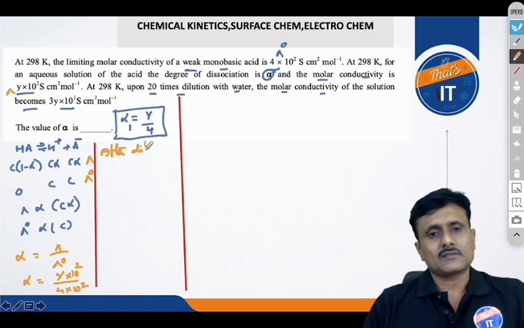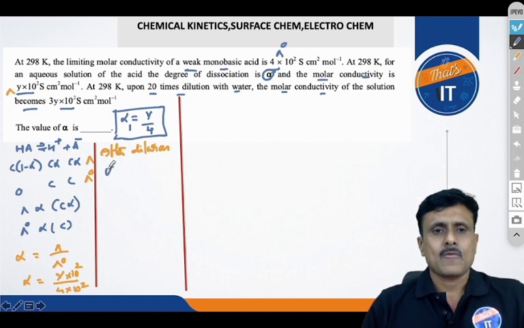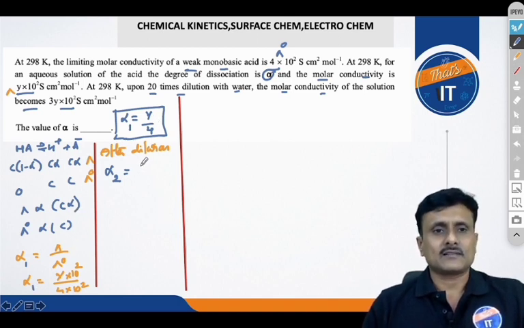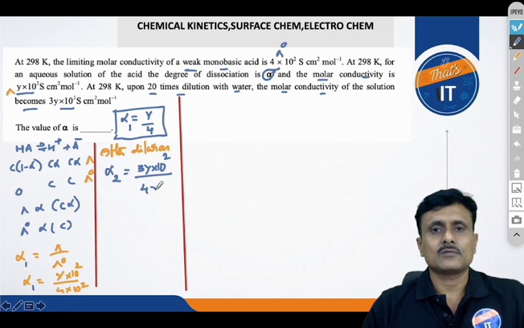After dilution, you know that alpha increases, and alpha 2 will become lambda by lambda naught, that is 3Y into 10 power 2 divided by 4 into 10 power 2. So alpha 2 is turning out to be 3Y upon 4.